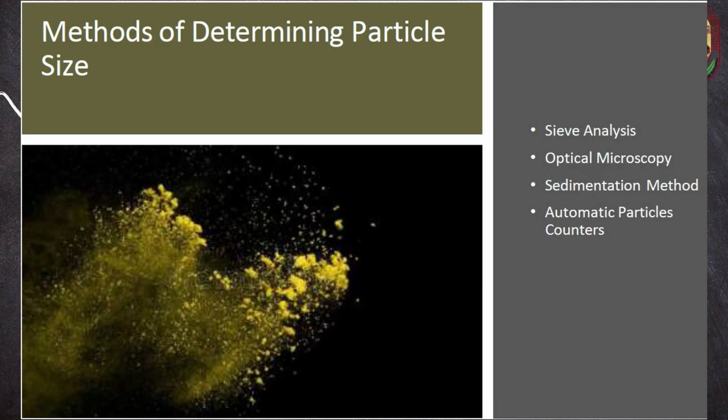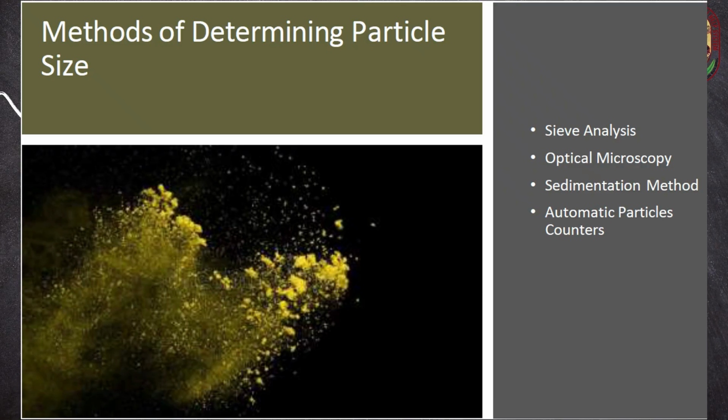First is sieve analysis, the simplest method where powders are passed through a series of sieves to separate them by size. Next is optical microscopy, where we visually observe and measure individual particles under a microscope, perfect for irregularly shaped materials.